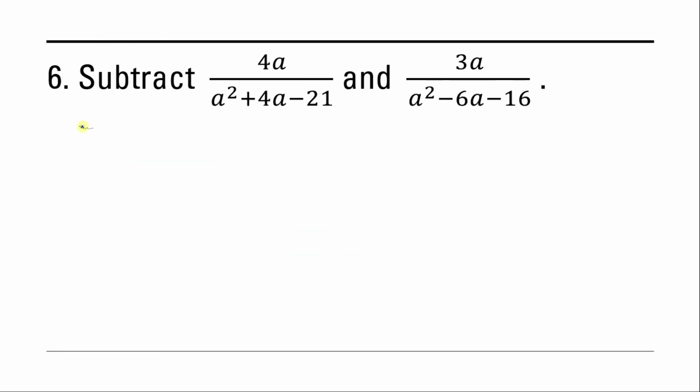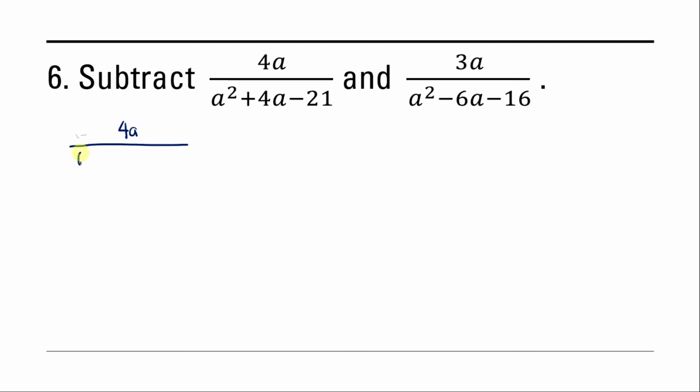Lastly, we have number 6. Subtract 4a over a squared plus 4a minus 21 and 3a over a squared minus 6a minus 16. So, i-factor out lang natin yung denominator para madali. 4a over a squared plus 4a minus 21.